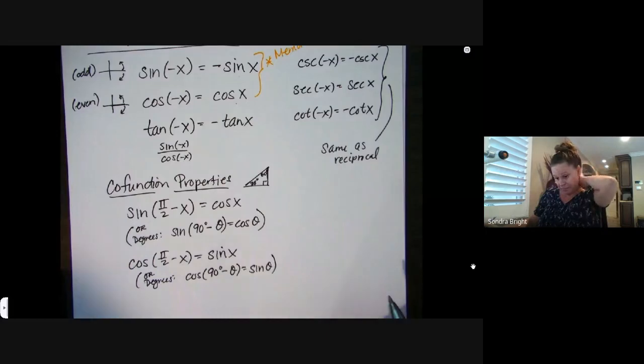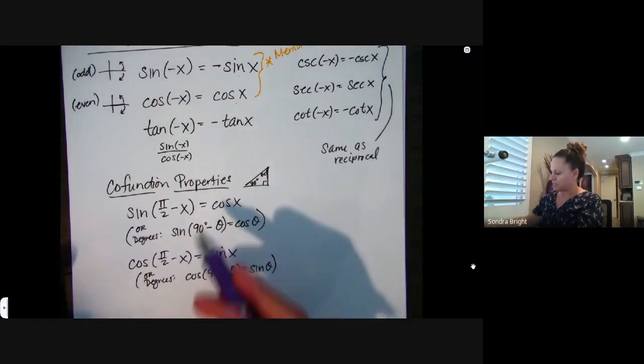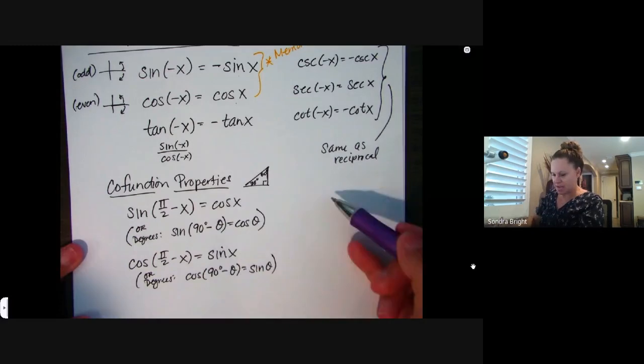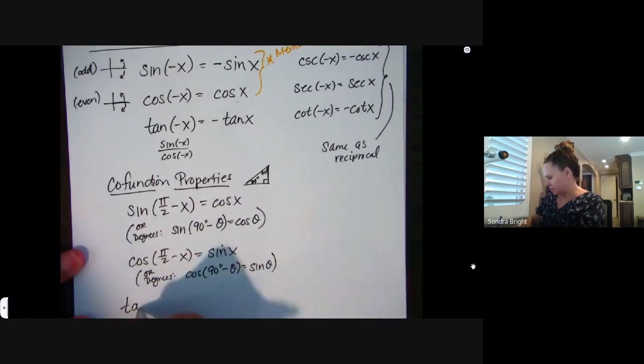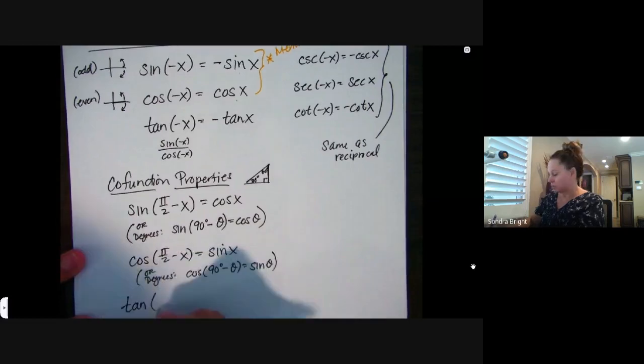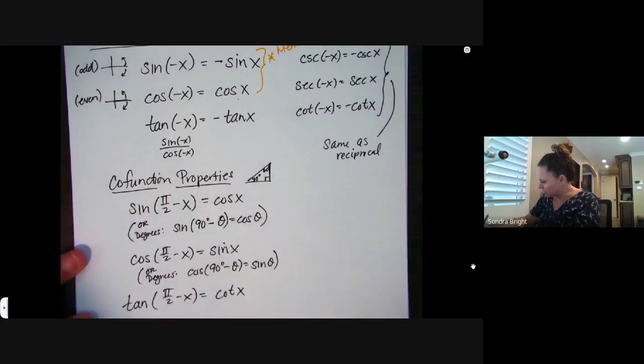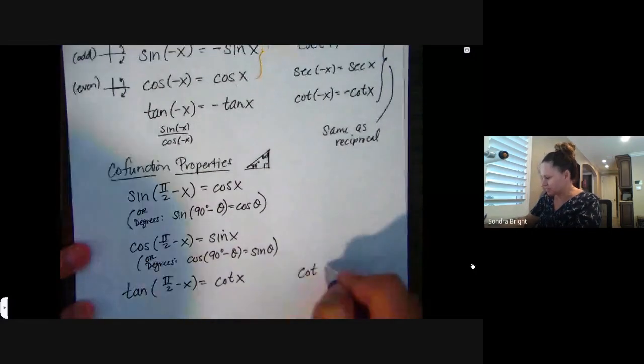And the reciprocals of these, okay, so those are those two guys. We've got tangent of pi over 2 minus x is cotangent of x. And cotangent of pi over 2 minus x is tangent of x.